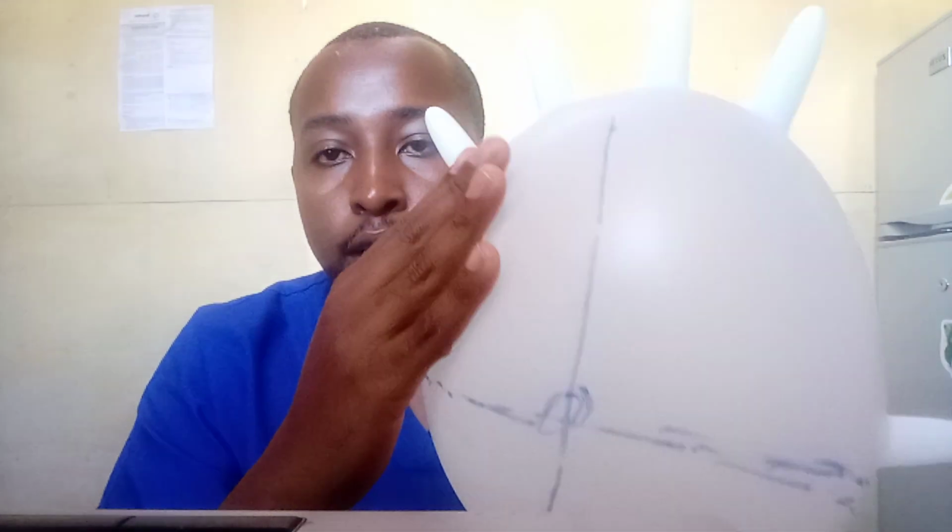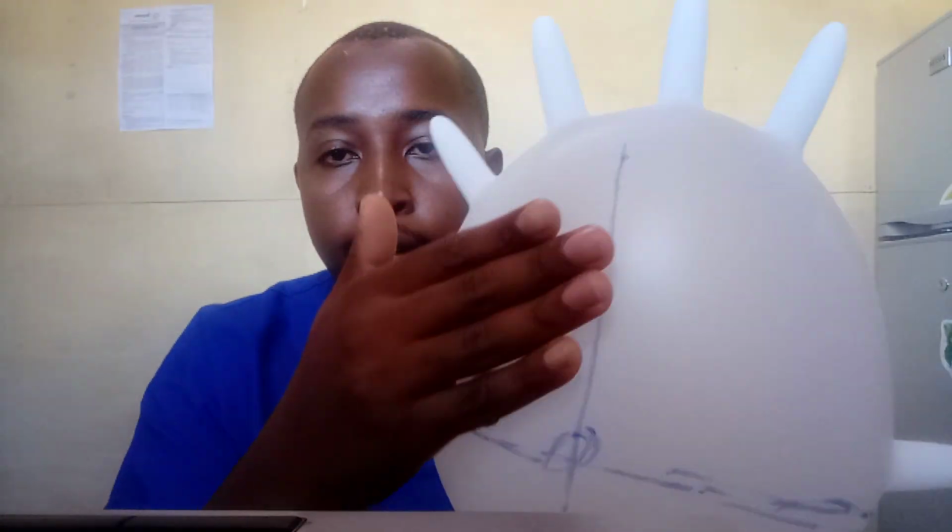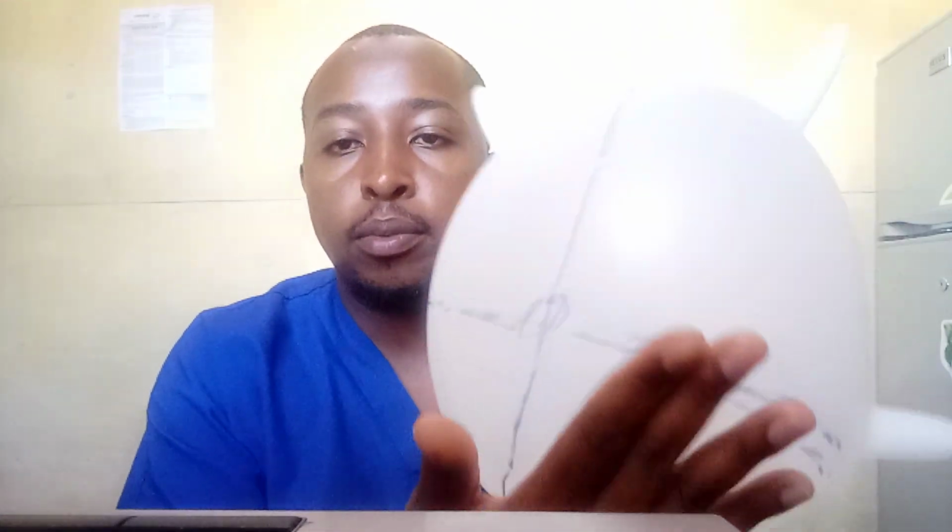You start with this part, you palpate deep, then this other part, then this part, then the last part, and you can feel from the nipple if there are any masses. If you feel anything that is touching your palm, then most likely it's a mass.